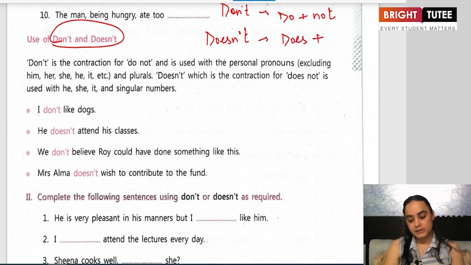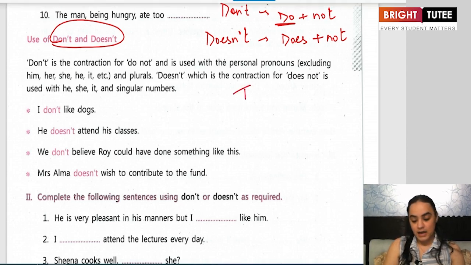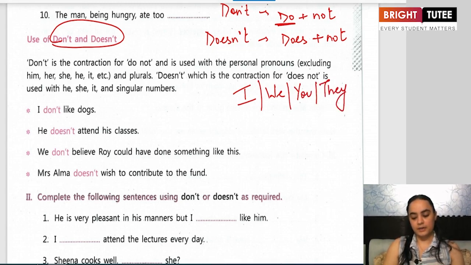It is does plus not. Okay? Now, do is always used with the plural nouns or the pronouns. If I talk about the plural nouns or the pronouns, I, we, you, they, these are plural.